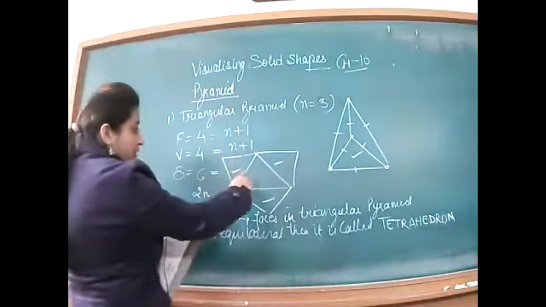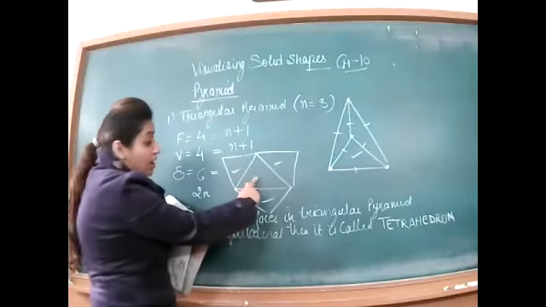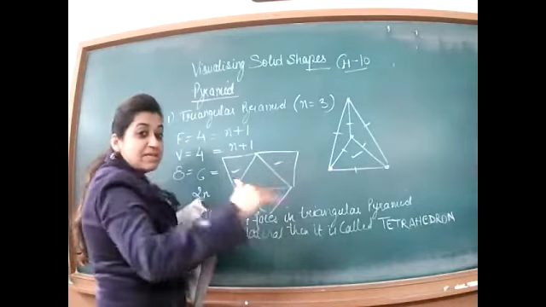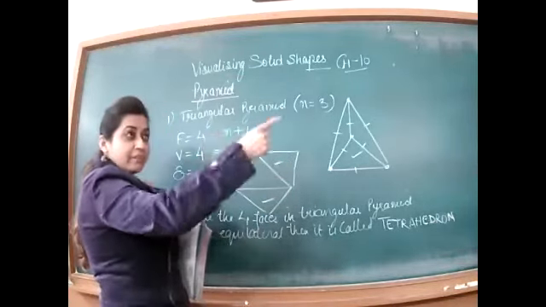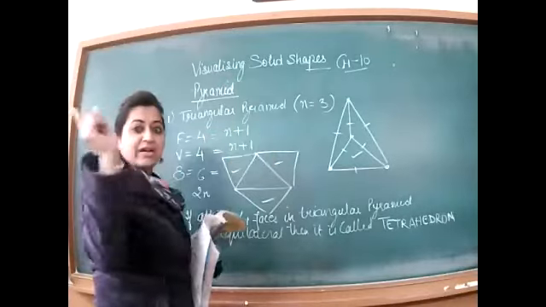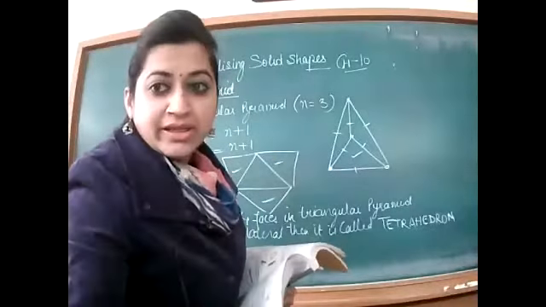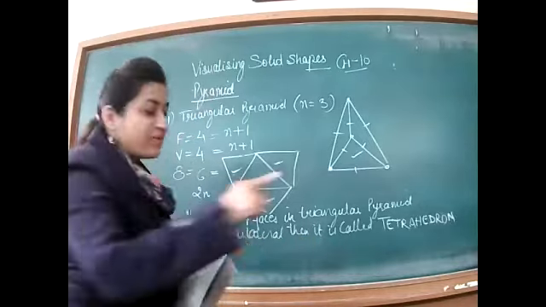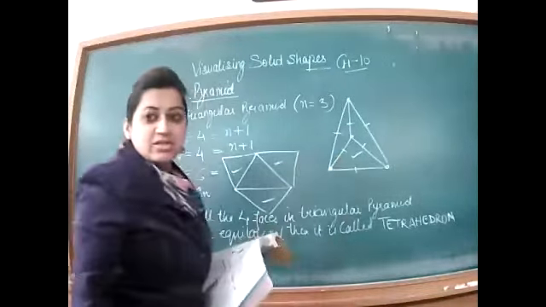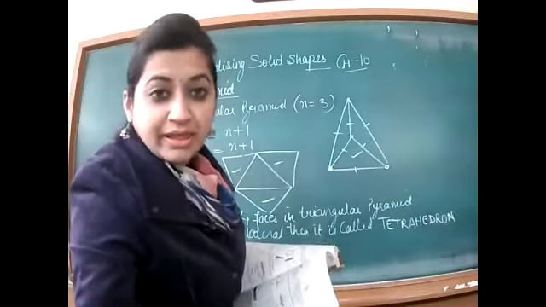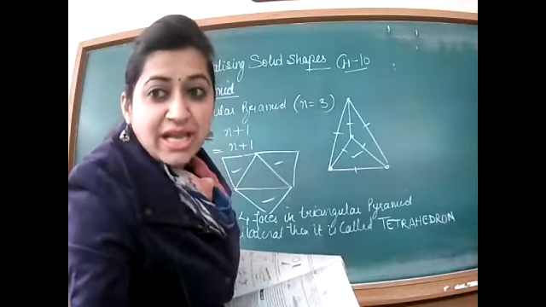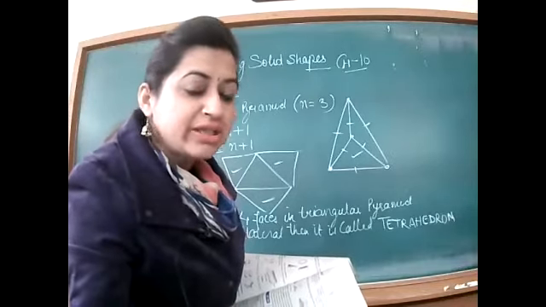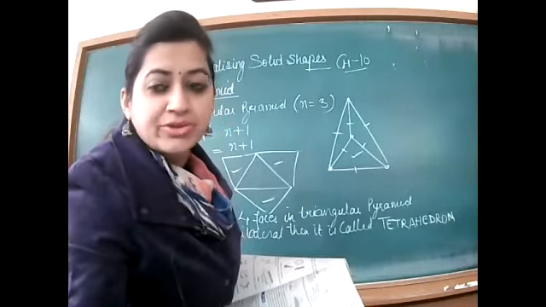You can see, its base is a polygon and its lateral faces, which are on the side, like the walls in a room, are all triangles and they are joined at a common vertex as you can see in this. Okay? Let me discuss all these figures, then I will show you a small video related to this. Then all the figures will be clear to you.